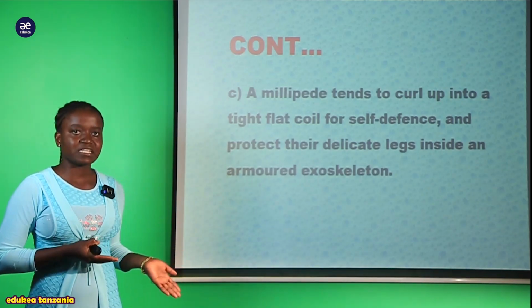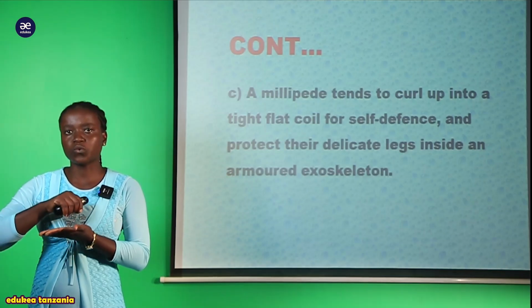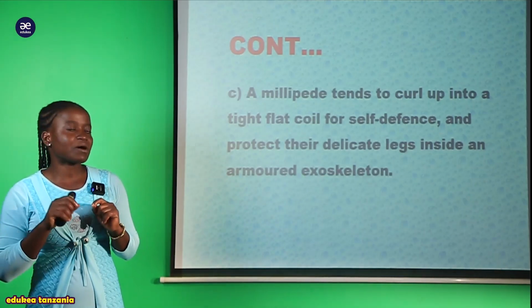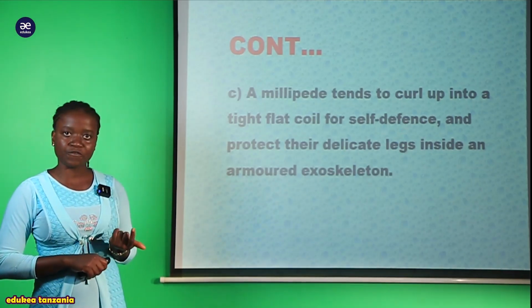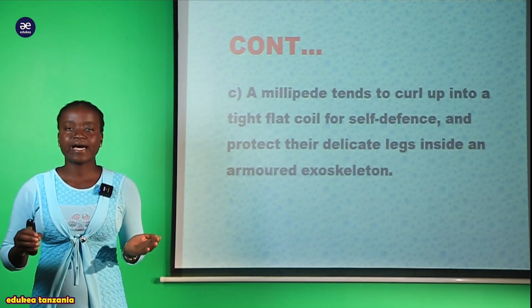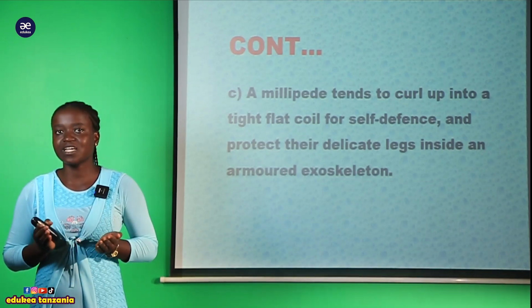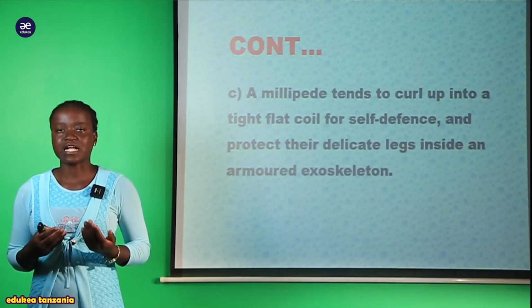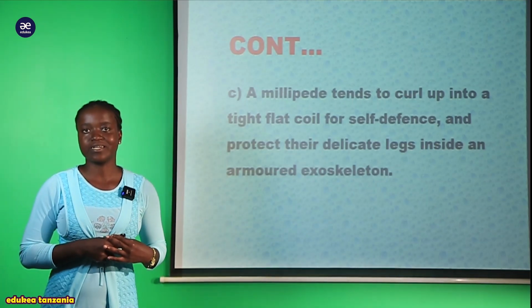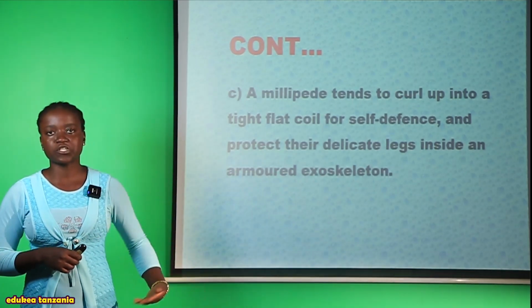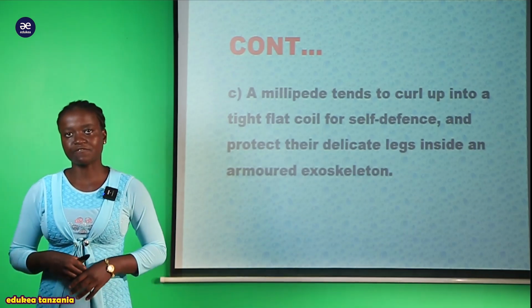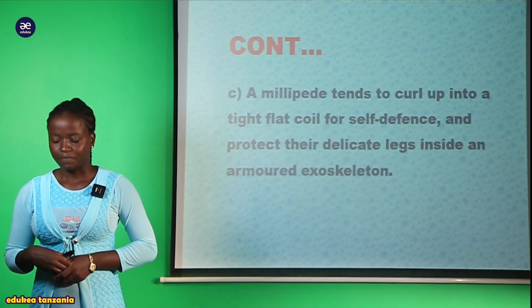Ile inasaidia nini? Ile tendency ya kujikunja hawa jongoo tunasema kwamba inawasaidia for self defense. Pia ile kujikunja tunasema kwamba inawasaidia kuprotect their delicate legs, ile miguu isiweze ikaharibika kwa urahisi zaidi, so that they can live within the environment freely.